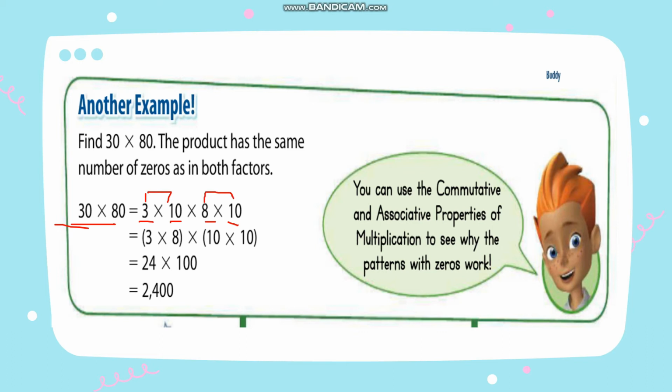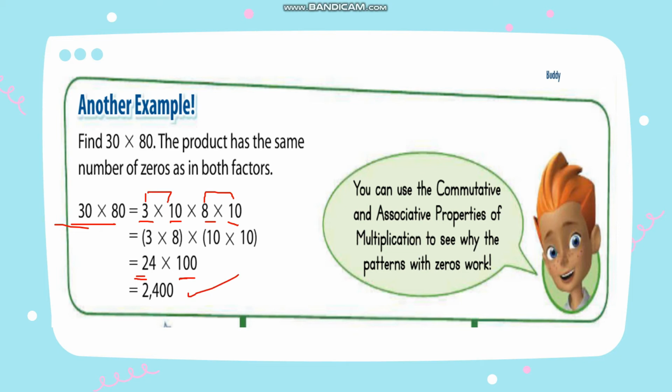Then I'm going to multiply 3 times 8 because it is easy to multiply 3 times 8 and 10 multiplied by 10. Using the commutative property, I'm going to change the order of the factors. So 3 multiplied by 8 is equivalent to 24. And 10 multiplied by 10 is 100. So 24 multiplied by 100 is 2,400.